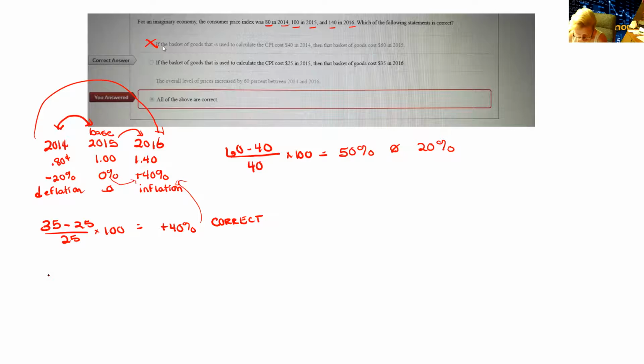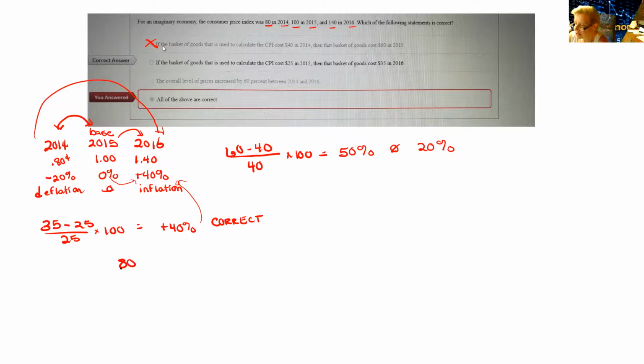So let's look at it. Prices increased 60%. So we're going to take 80.